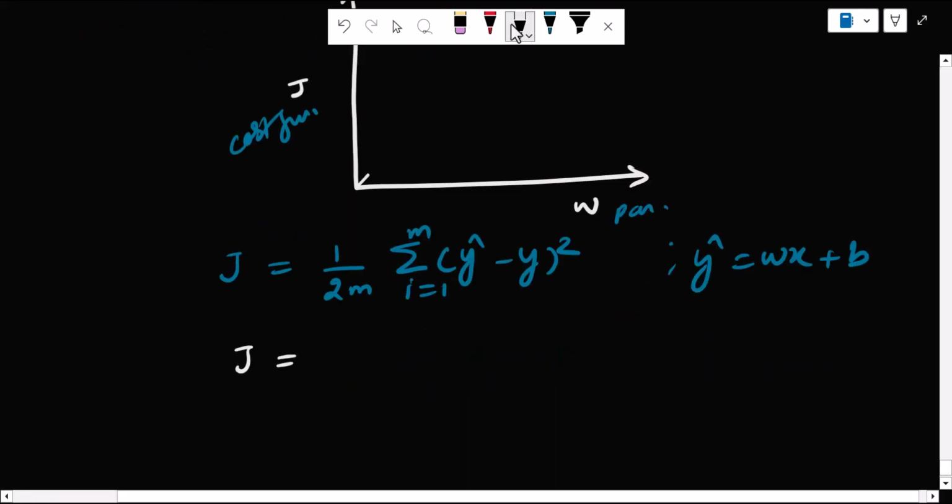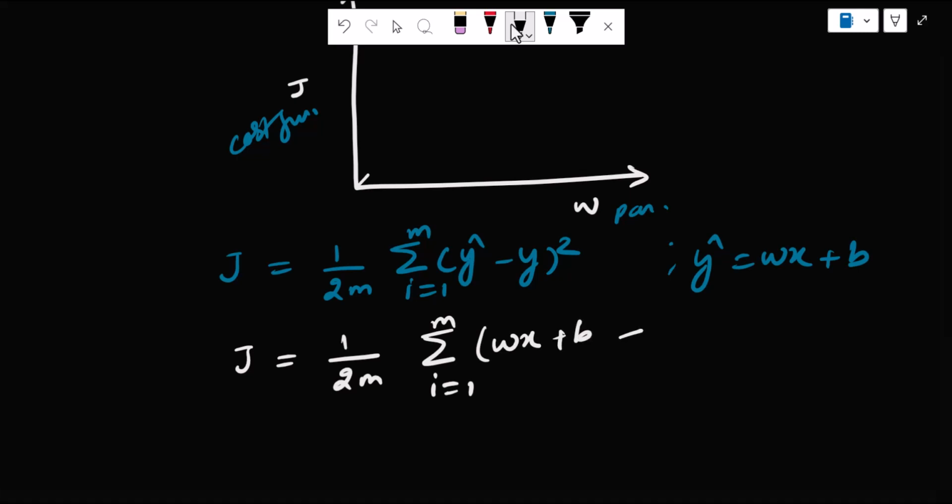So J is equal to 1 upon 2m sum of i is equal to 1 to m (wx plus b minus y) whole square. Correct? And because x is referring to an individual record and y to individual values, we can mark i on top of them to indicate individual values.